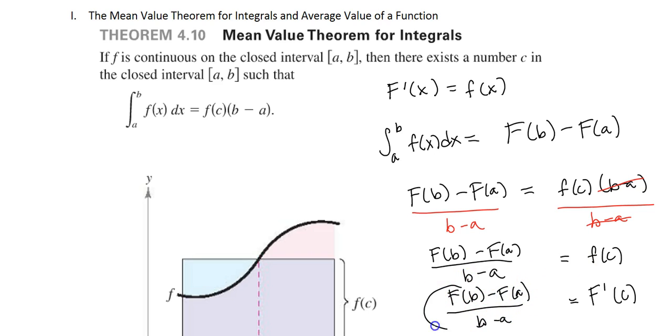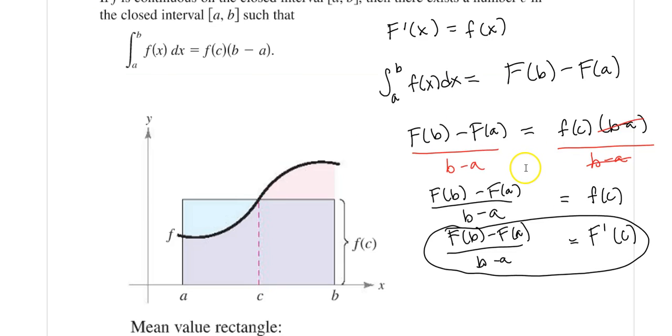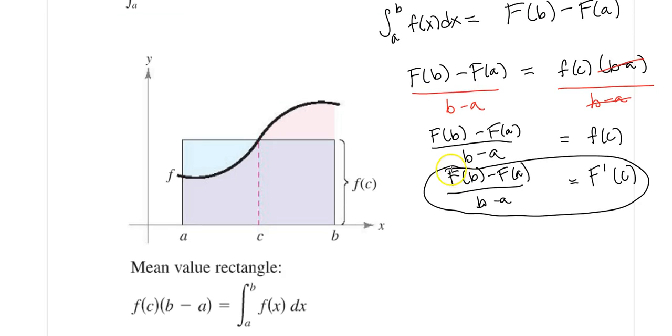So we're basically saying there is some c such that this is true. If you replace the capital F's with just a little f, it would be completely equivalent to the mean value theorem that we looked at for derivatives. So it's equivalent, it's just in a different form.